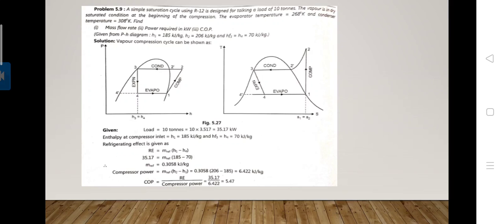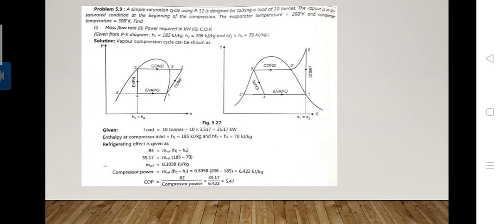Next we have to calculate the compressor power. Okay, we have to calculate power required in kilowatt. For that purpose we have to calculate compressor power, and to calculate compressor power we use the formula, that is mass flow rate of refrigerant, m refrigerant, into H2 minus H1. Why do we take H2 minus H1?